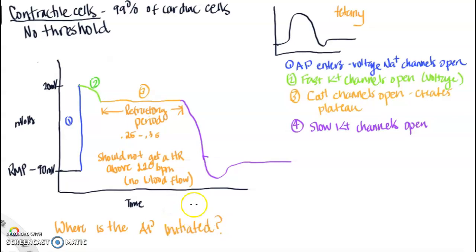Well, it's initiated by autorhythmic cells. So these are that 1% of cardiac cells that actually cause the action potential. So in the next video, we're going to talk about how those guys work.